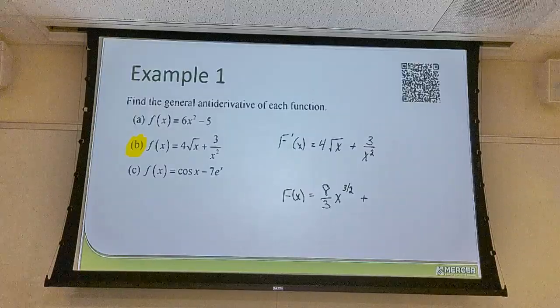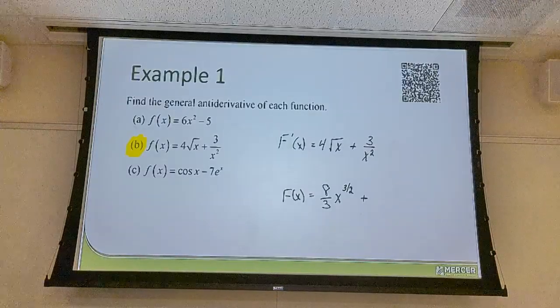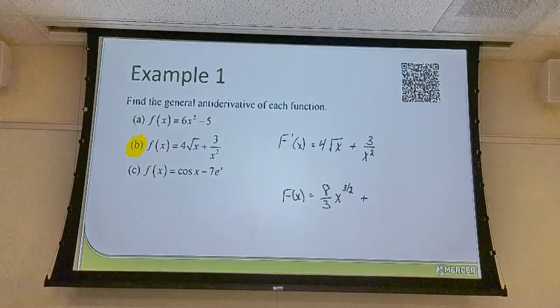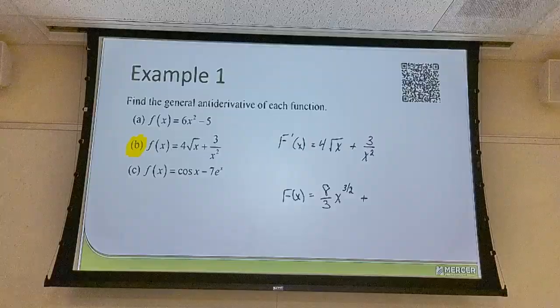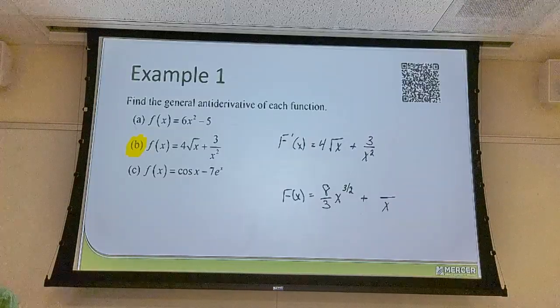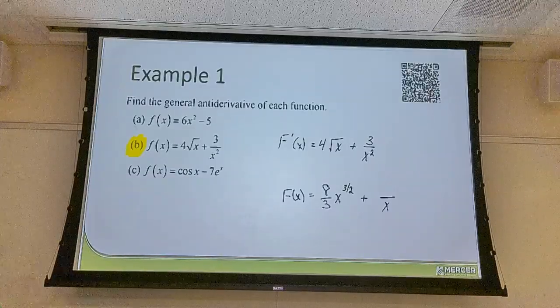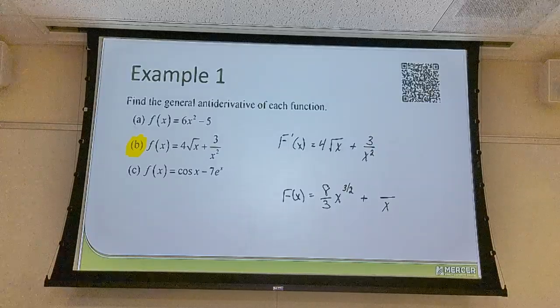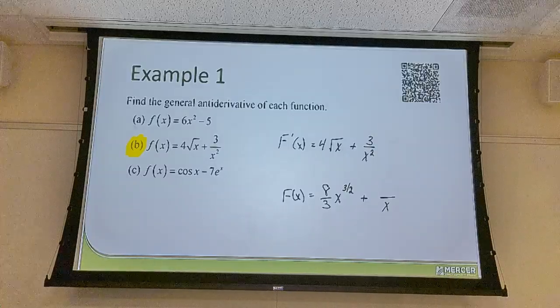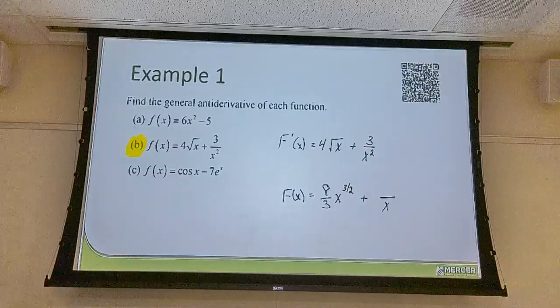What function has derivative 3 over x squared? Well, you know it's going to be something over x, because differentiation reduces your power by 1. So when you go to take that derivative, it's going to be -1 times some constant times x to the -2.